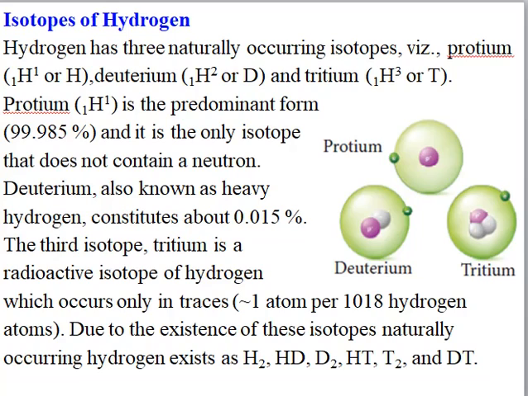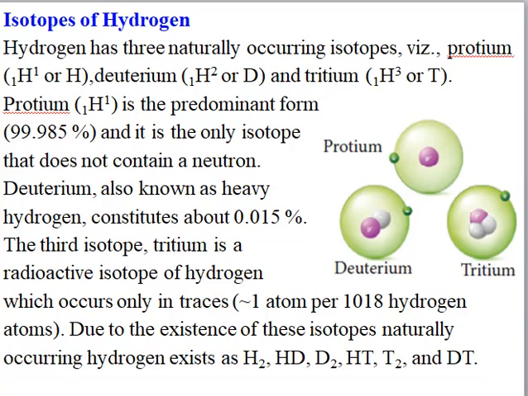If it contains one neutron, then the mass number becomes 2. This is indicated as H12 or D, and it is called deuterium. If it has 2 neutrons, then its mass number becomes 3.